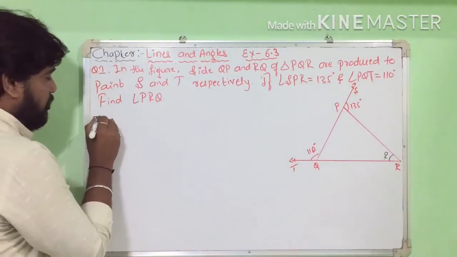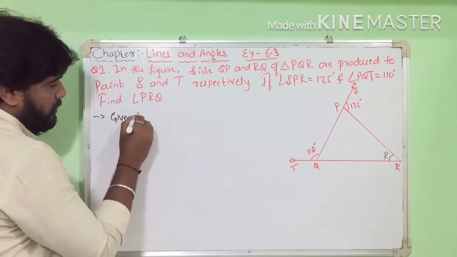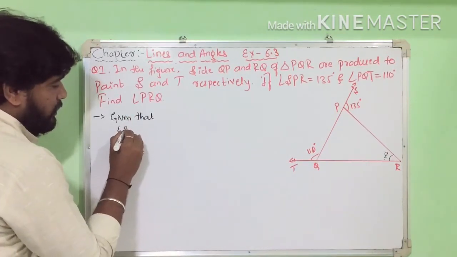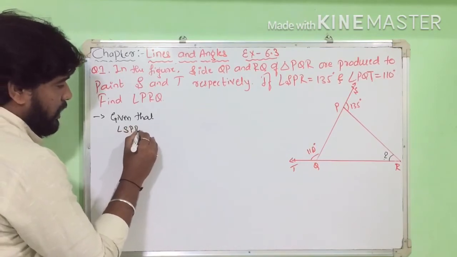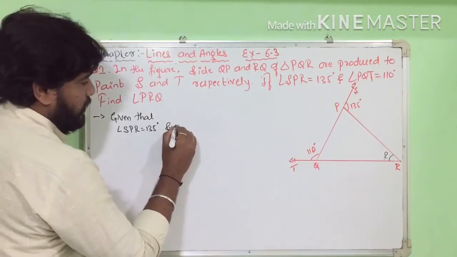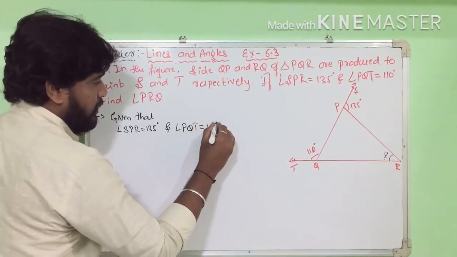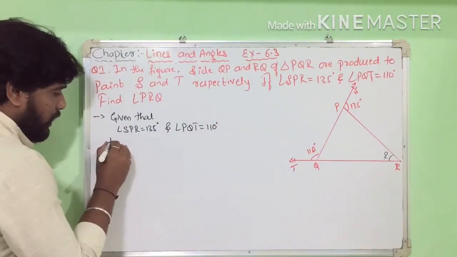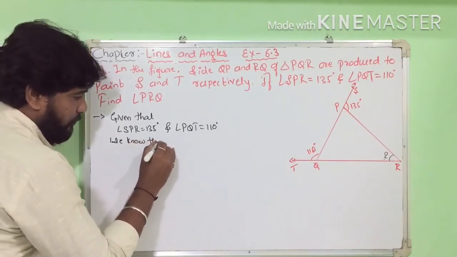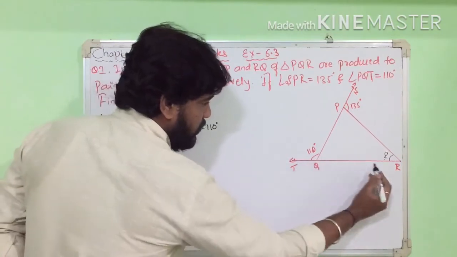So now let me solve. Given that angle SPR is equal to 135 and angle PQT is equal to 110, right? We know that the sum of these two angles is 180 because it is a straight line.